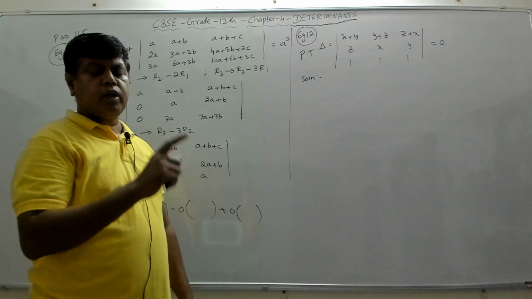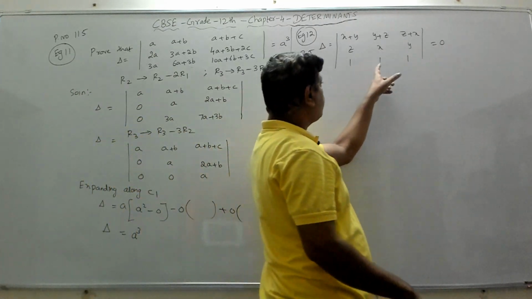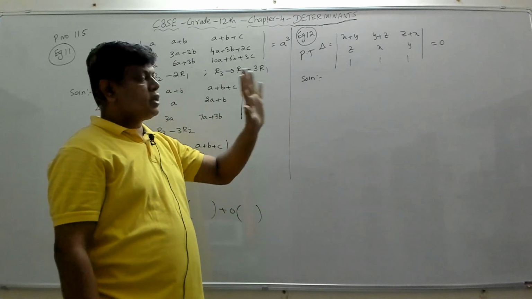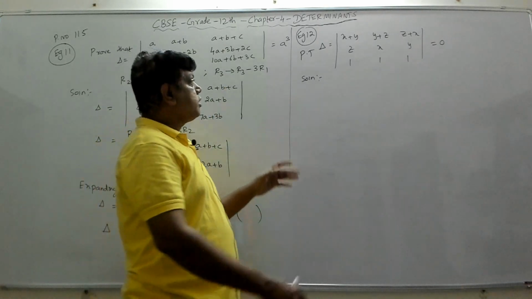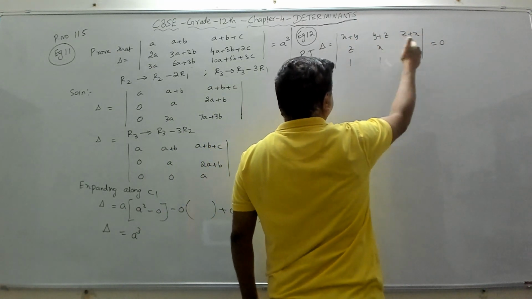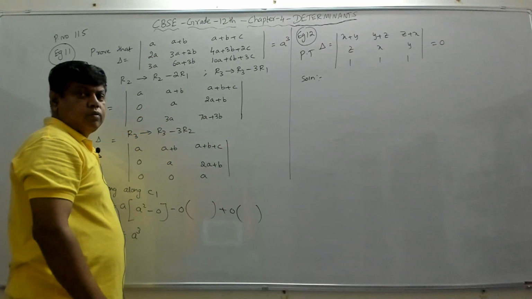All the elements in a particular row or column should be the same. Already we have one row like that, 1 1 1. Can we get one more row where all the elements are the same? That is not there, because here it is x plus y plus z, z plus x, they are not the same. This is also different. But is there a way to make one of the rows with all the elements the same?